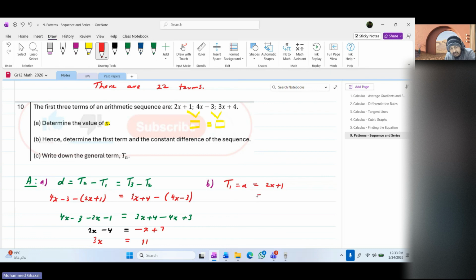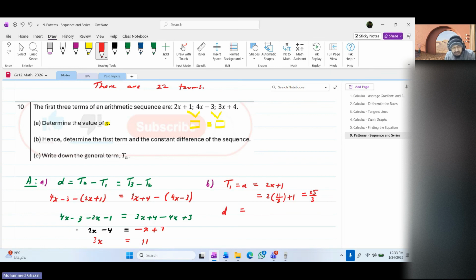Right? 2x plus 1 means it is 2 times, what's x? 11 over 3 plus 1. So 2 times 11 over 3 plus 1, please write it in fraction form. I'm getting 25 over 3, right? 25 over 3.